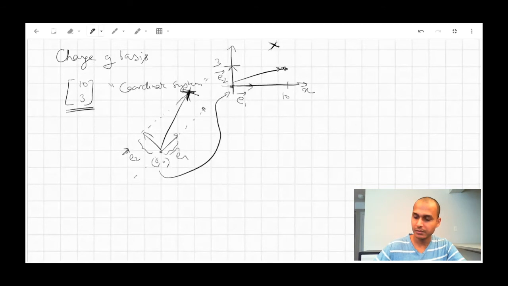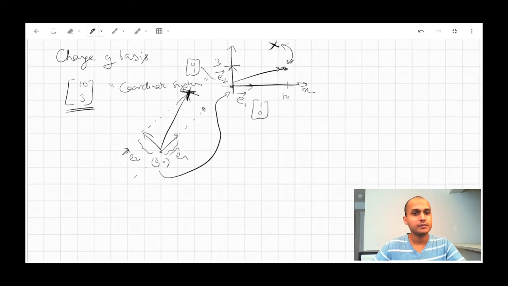So this point is different from this point just because the basis changed, right? So in my language, maybe I meant 10, 3 in this basis, which means the cross point. Whereas in your language, you meant 10, 3 to be this point because in your language, the basis vector is maybe the standard basis vector, which is 1, 0, and this one being 0, 1.